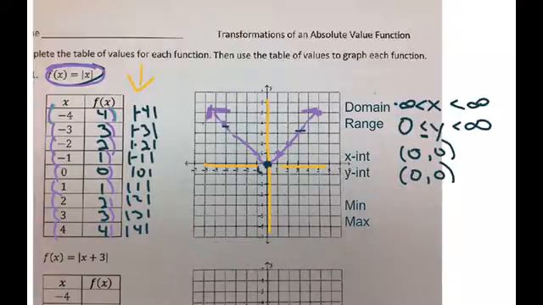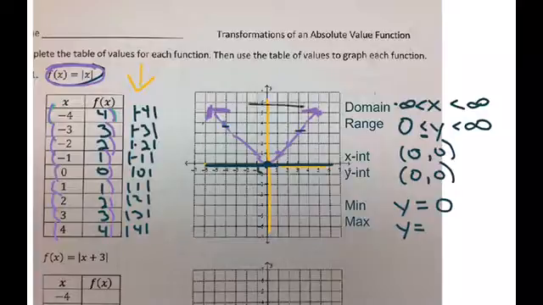Alright, so for the min and the max, think about the minimum and the maximum as the bottom and the top of your graph. We'll think range. For range, you draw the bottom and the top of your box. So our min and max are going to be y equals numbers. Okay, so my minimum is going through y equals 0. My maximum, oh wait, I don't have a maximum.